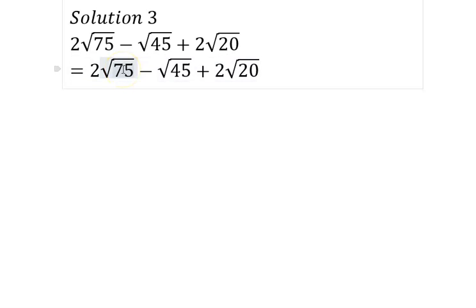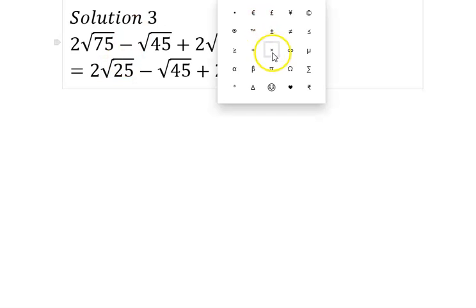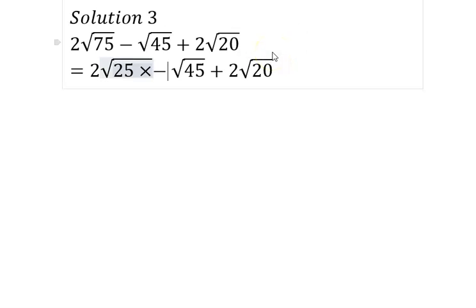if we want to split 75, we can have it as 25 times 3. 25 times 3 will give us 75. That's for this. For 45, 9 times 5 will give us 45.